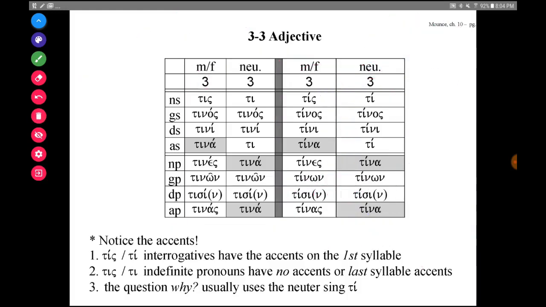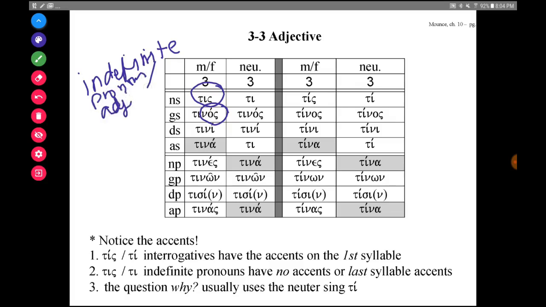What happens when there is no accent or the accent's on the second syllable, not the first? Then we don't translate it as an interrogative pronoun. Instead, we translate it as an indefinite pronoun or adjective.